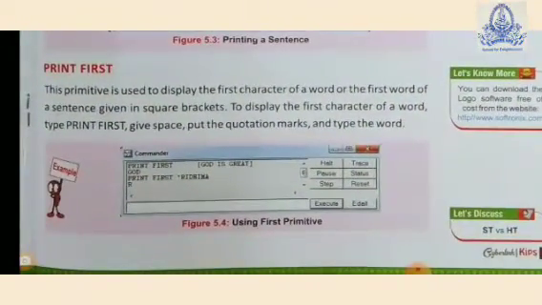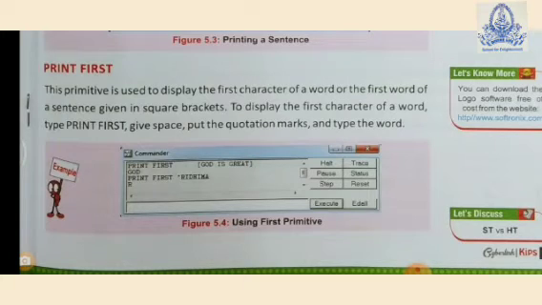then print first. What is the use of the print first command? The print first command is used to display the first character of a word or the first word of a sentence given in square brackets. So you have to write whatever sentence or word in a square bracket, and if you are using the print first command, whatever the first word, yeah, first letter, that will be shown in the output.